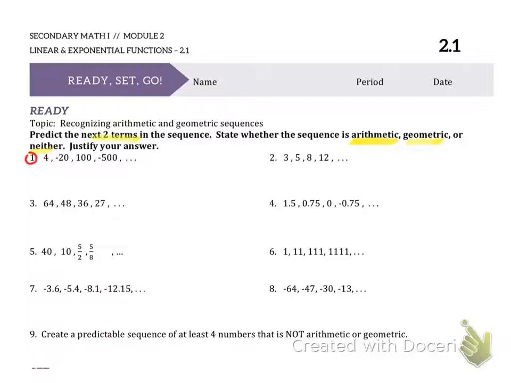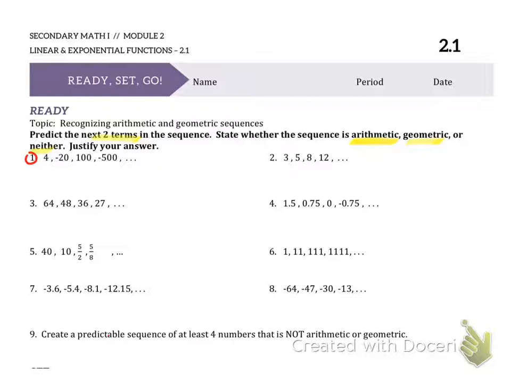Our first question is 4, negative 20, 100, negative 500. It looks like an alternating sign, so there will be a minus sign, and the jump is kind of sudden every time. The first term is 4, second is negative 20, then 100, and it keeps going like that.